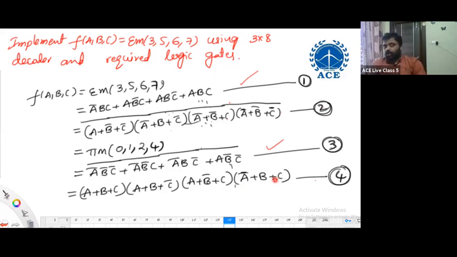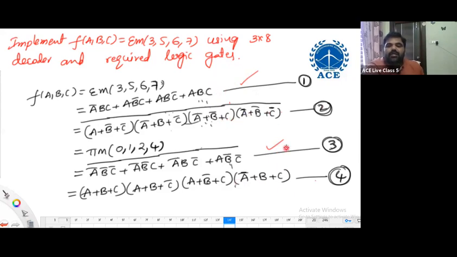And one more thing we know: equation number 1 is SOP, equation number 2 is also SOP, equation number 3 is POS, and equation number 4 is POS. 1 and 2 are SOP, 3 and 4 are POS.